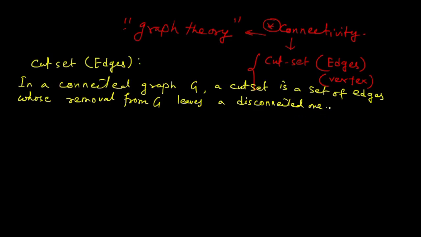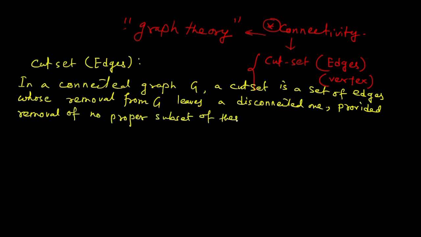Okay, provided removal of no proper subset of these edges disconnects G. That means it should be the minimal choice.